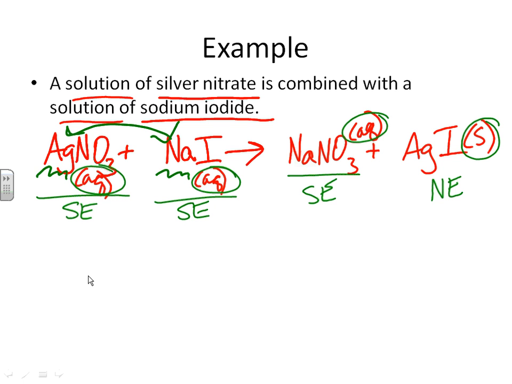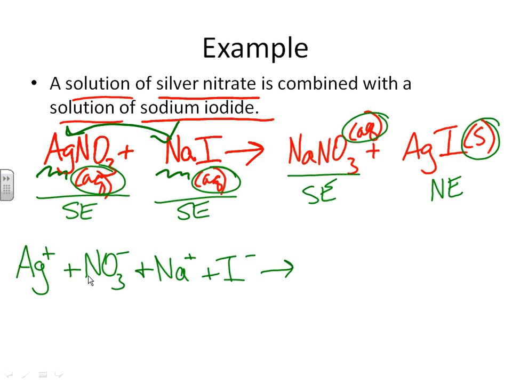We are going to split the strong electrolytes into their component ions. Silver nitrate, what are the two ions? Silver and nitrate. So split it as such, Ag+ and NO3-, and there's simply one of each, so that's all we need to do for the split. Sodium iodide, the two ions are sodium and iodide.